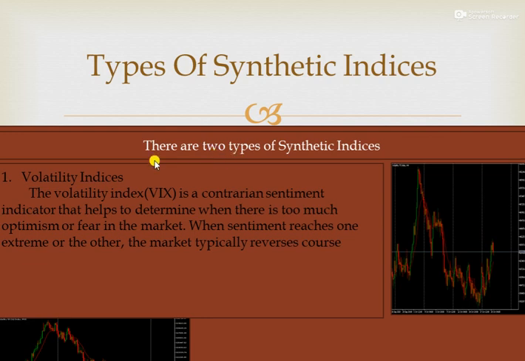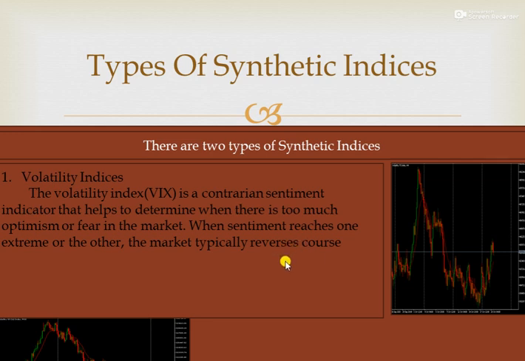The first one is the volatility indices. So what is the volatility index? The volatility index is a contrarian sentiment indicator that helps to determine when there is too much optimism or fear in the market. When sentiment reaches one extreme or the other, the market typically reverses course.